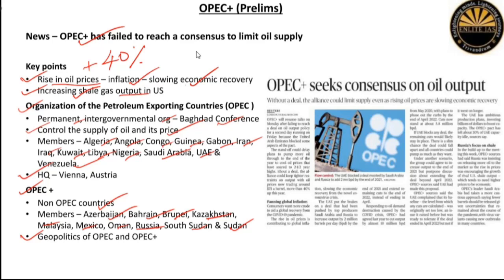OPEC is led by Saudi Arabia and primarily aims to ensure the hegemony of oil in the energy market and control its oil price. However, OPEC Plus, which is led by Russia, has other interests as well. OPEC Plus is concerned by the increasing oil price because it has led to increasing shale gas output in the US, which could affect Russia's geopolitics.